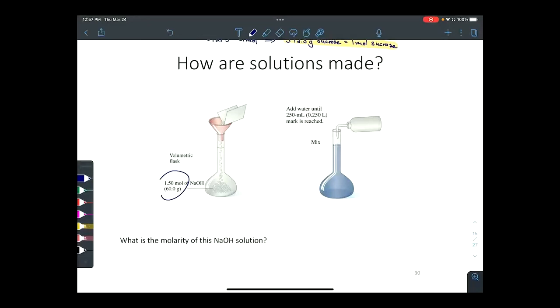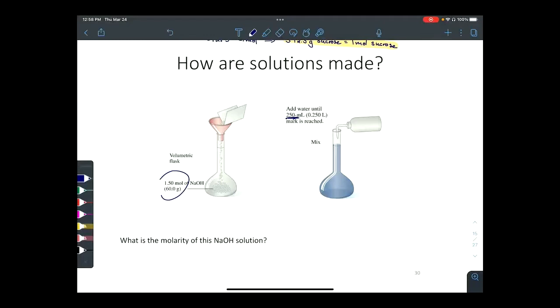So when we want to make a solution, in this case of 250 milliliters of solution, the important detail here, and it's a subtle detail, is that once we have that solid sodium hydroxide in this flask, we don't measure 250 milliliters of water and add it and mix it. We don't do that. What we do instead is we use what's called a volumetric flask.